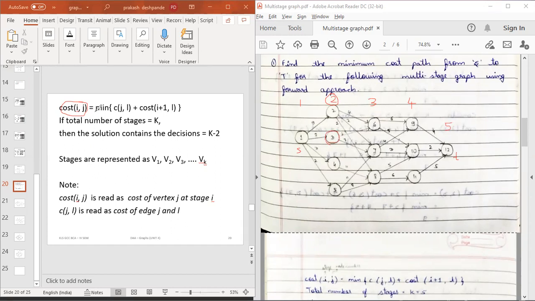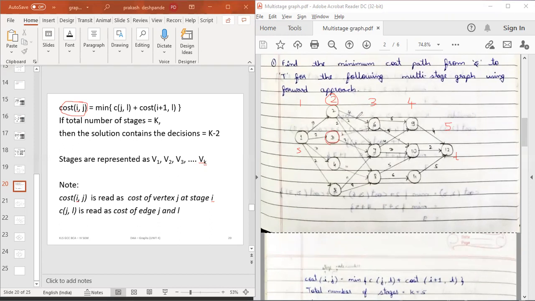By calculating the minimum among, because there might be multiple paths. Out of those multiple paths, I need to select the minimum value, right? So minimum of C of JL. J means the same as in ij here, that is the vertex number. So from this particular vertex to the L. L means the next vertex which I'm selecting in the next stage.